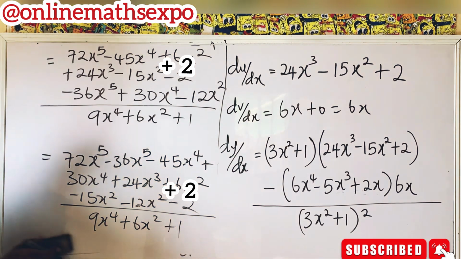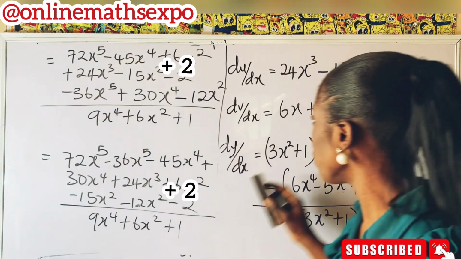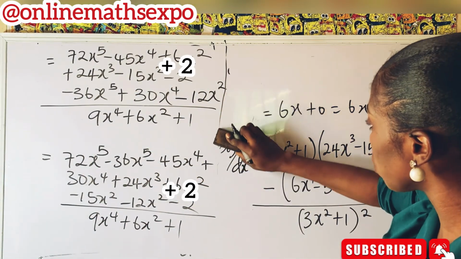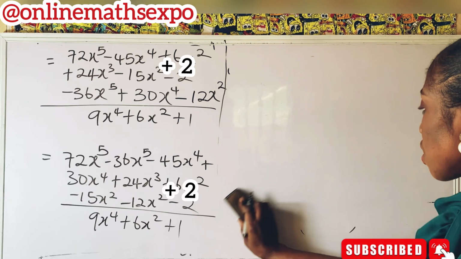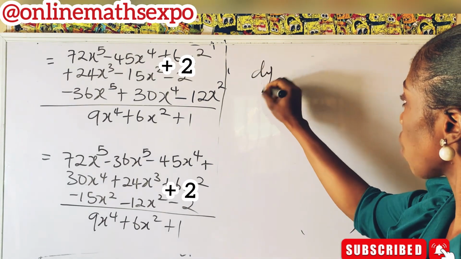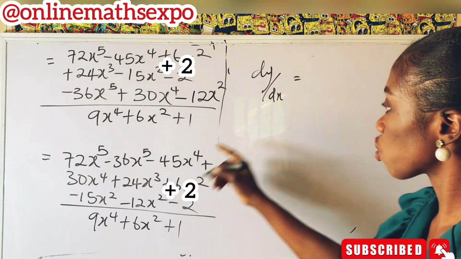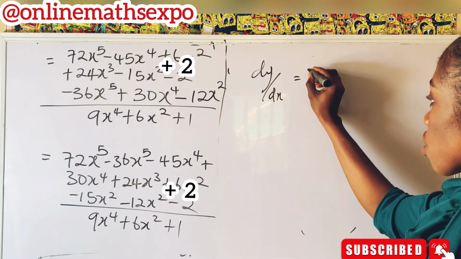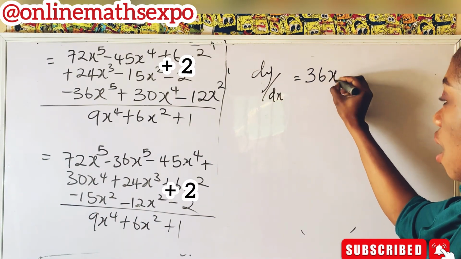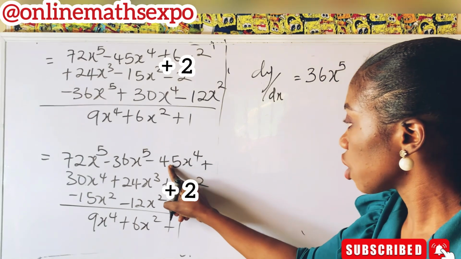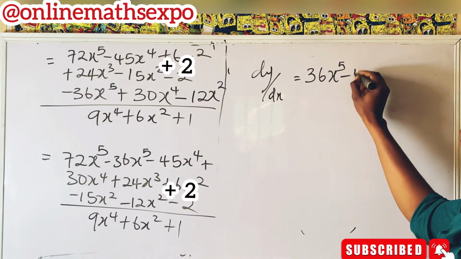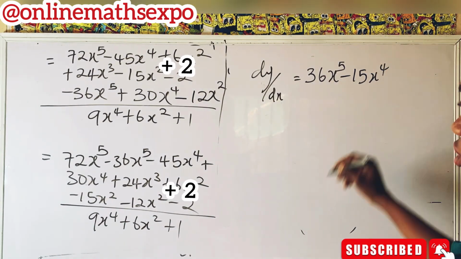So at this point, we can now conclude to say that our dy/dx is equal to, subtract this to give us 36x to the 5th. This will give us negative 15x to the 4th.